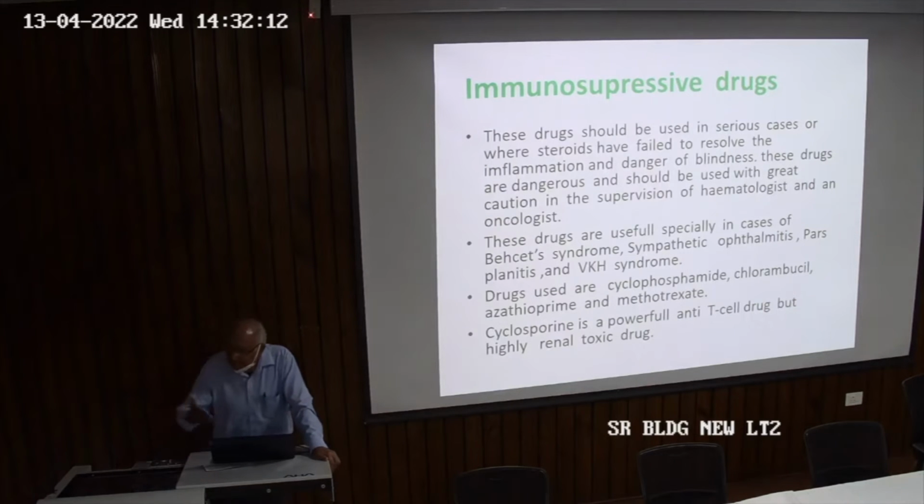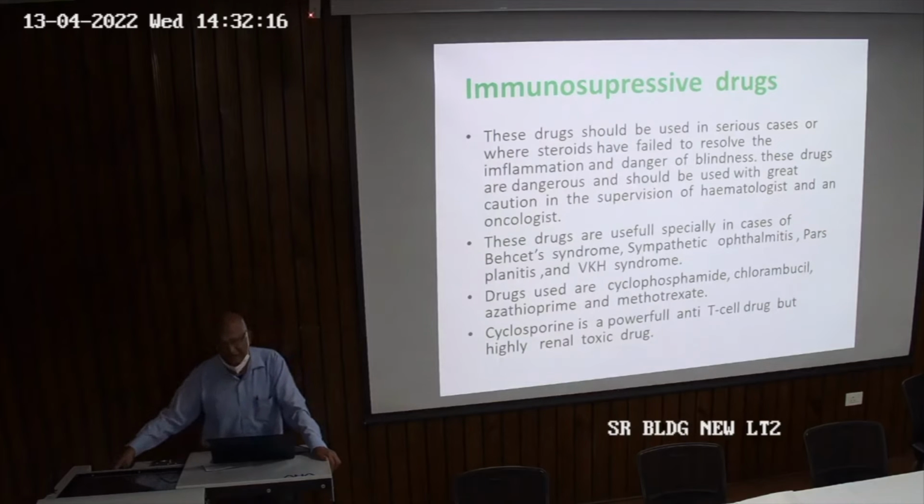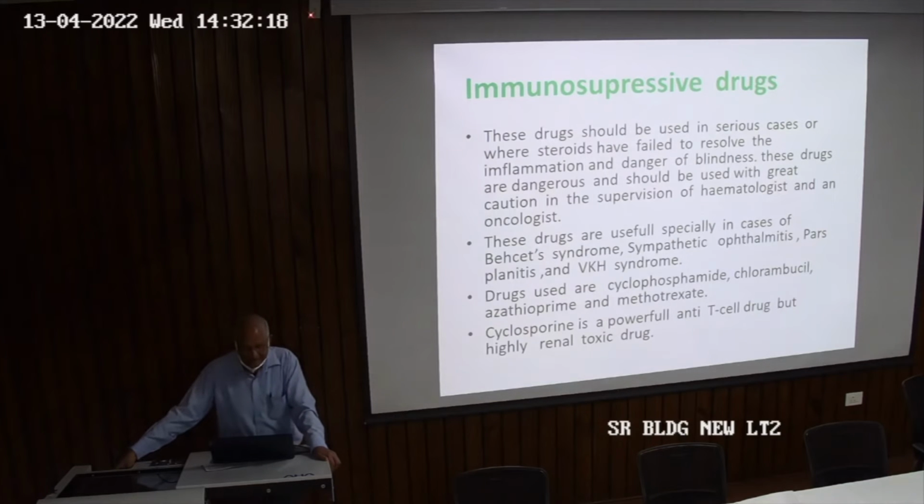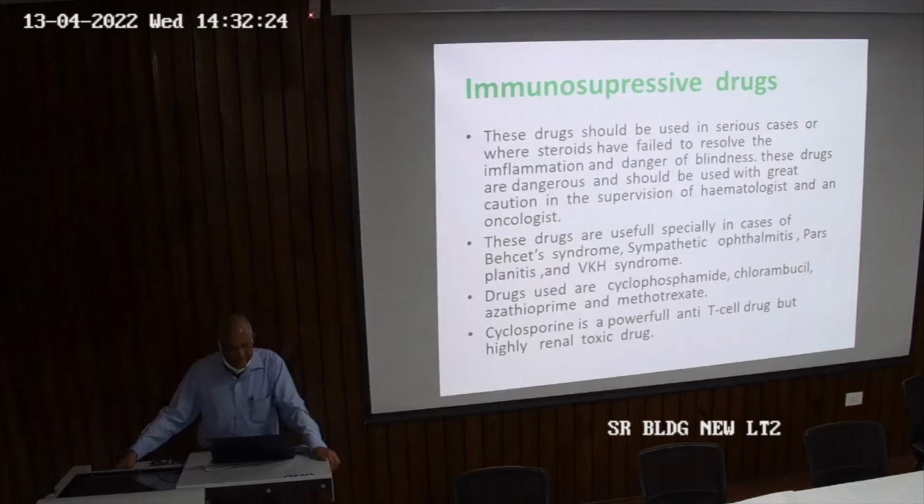So these are some diseases where we start these immunosuppressive drugs. These drugs are cyclophosphamide, chlorambucil, azathioprine, and methotrexate. Cyclosporin is a powerful anti-T cell drug but highly renal toxic. So these are the drugs that we start.